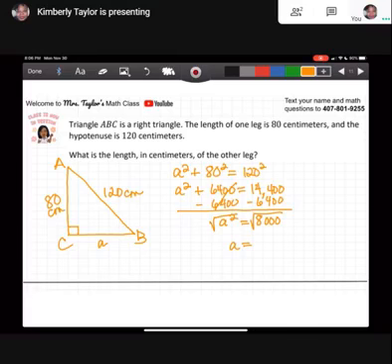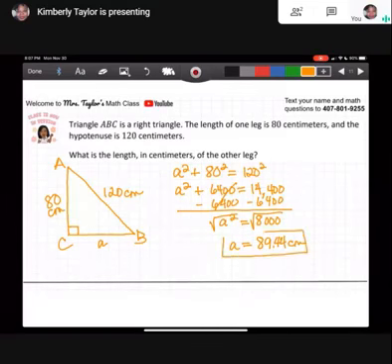Okay. 14,400 minus 6,400. And then you take the square root of 8,000 and you get a big old decimal. 89.44. We'll stop there in centimeters. And that would be the value of the missing side or the missing leg.